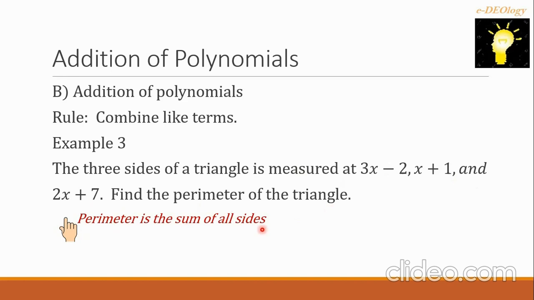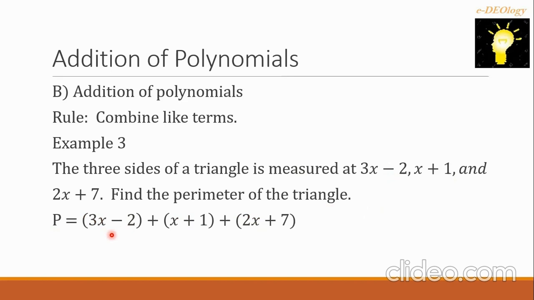So we're going to add the sides of the triangle. So P stands for perimeter. So I collected the 3x minus 2, that is the first side. x plus 1, that is the second side. The 2x plus 7, that is the third side.